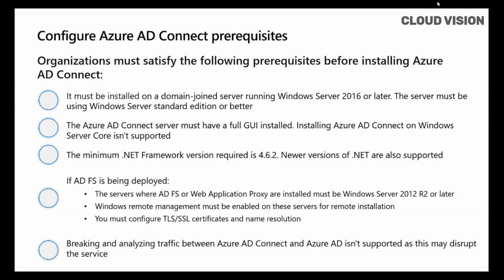Now, if you're going with the federated authentication solution, the server where ADFS or web application proxy are installed must be Windows Server 2012 R2 or later. Windows Remote Management must be enabled on these servers for remote installation. And you also have to configure TLS and SSL certificates and name resolutions.